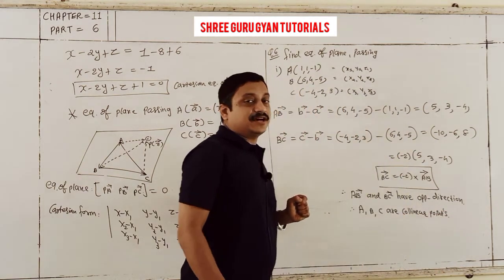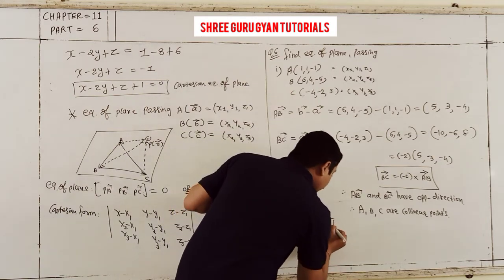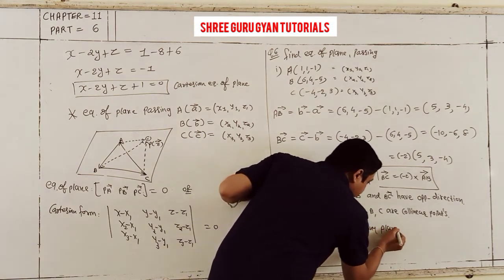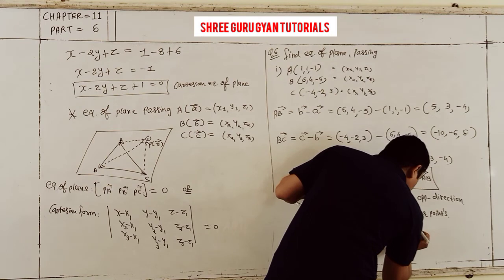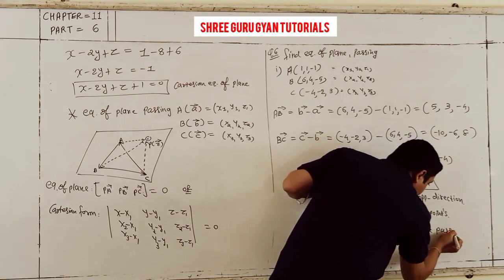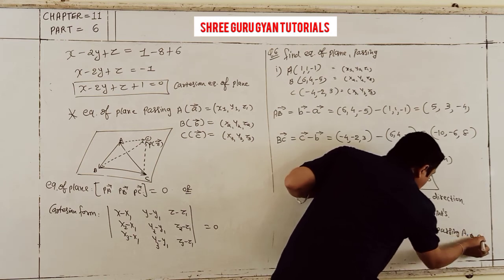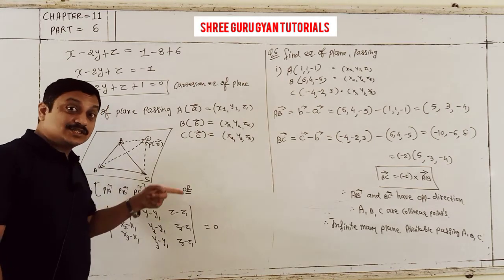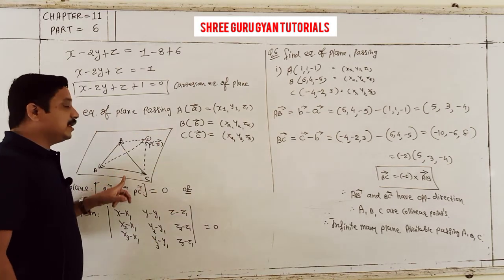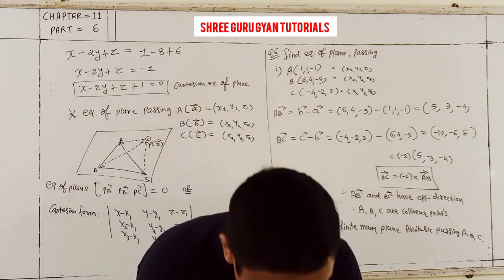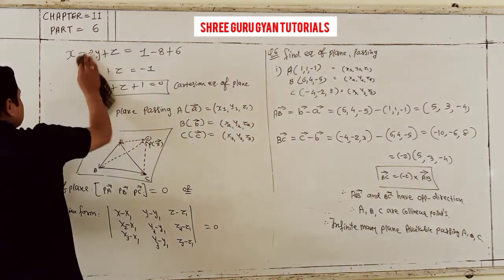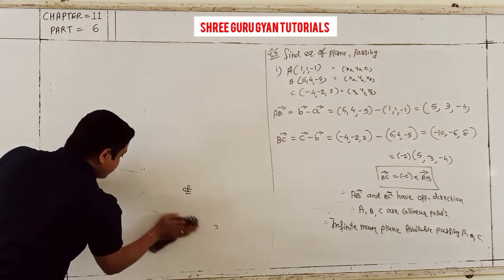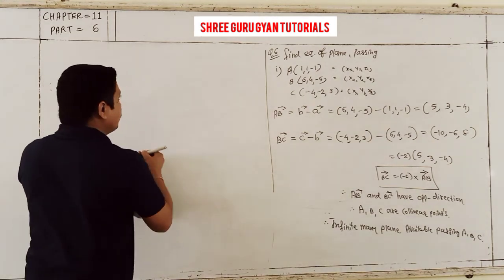It means here infinitely many planes are available passing through A, B and C. So I do not utilize this formula because it is collinear. If you know it is collinear, then I derive it this way. It is question number 2, so I go to the second question now. I am moving slowly. I hope you understand properly.